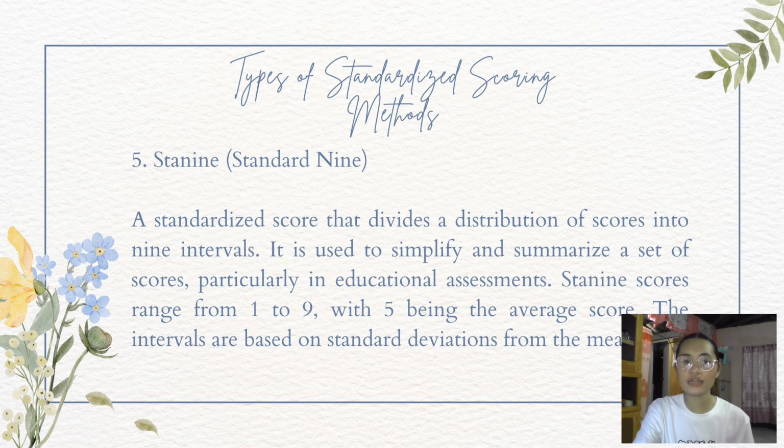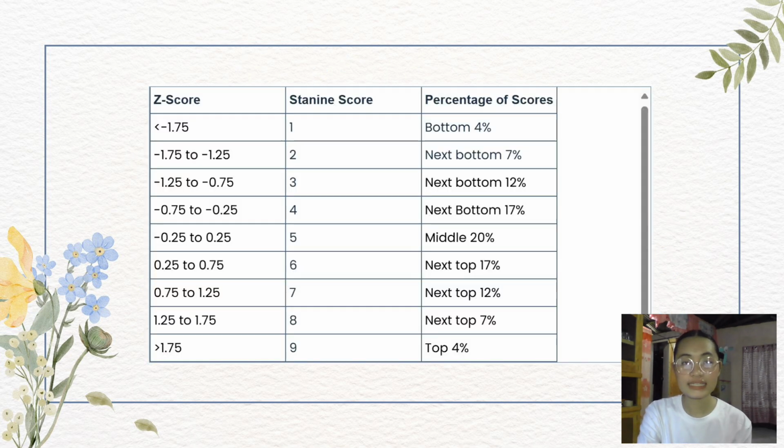So, the fifth one is the stanine, or the standard nine. A standardized score that divides a distribution of scores into nine intervals and is used to simplify and summarize a set of scores, particularly in educational assessments. Stanine scores range from 1 to 9, with 5 being the average score. The intervals are based on standard deviations from the mean. You can see the z-score, stanine score, and the percentage of scores.